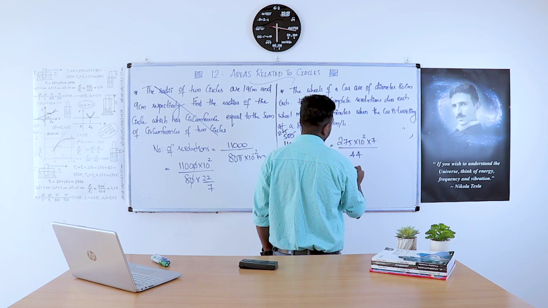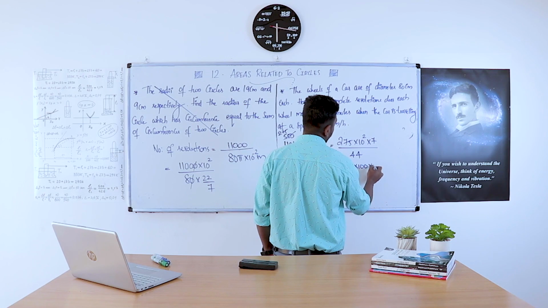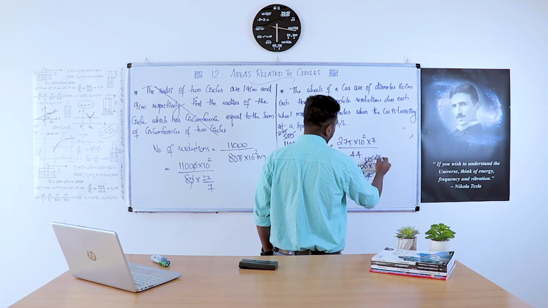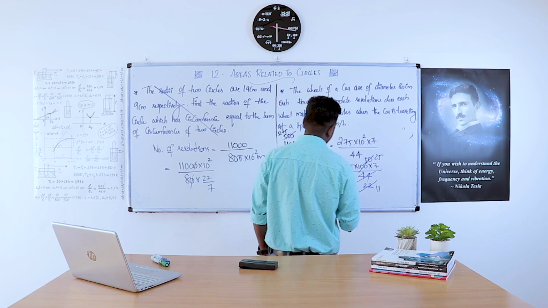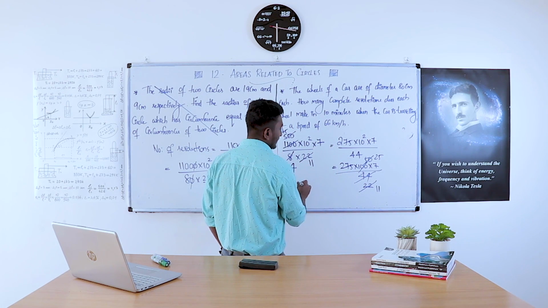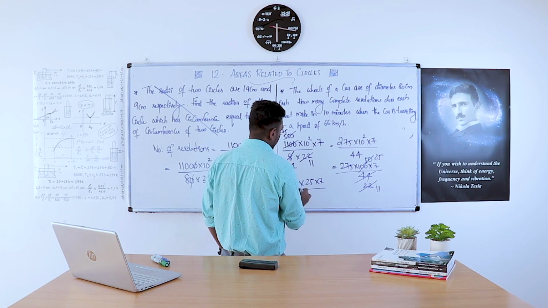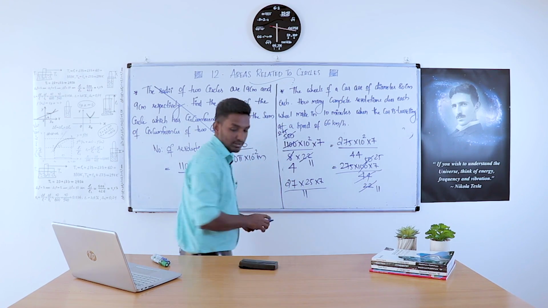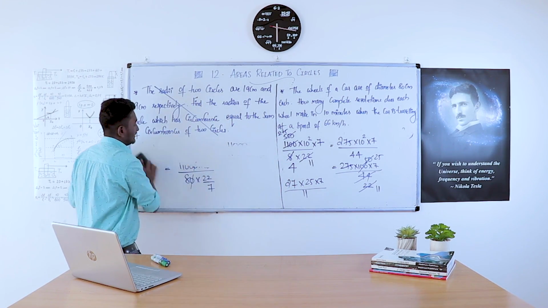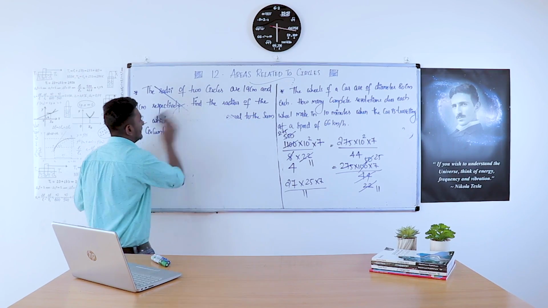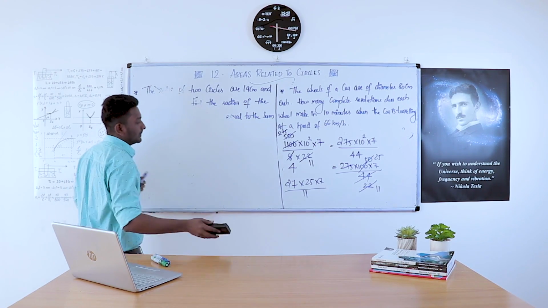So 275 into 100 into 7 divided by 44. 44 and 100 can be cancelled. It becomes 25 and 11. Then 275 into 25 into 7 divided by 11. That we need to calculate, that is the final answer.